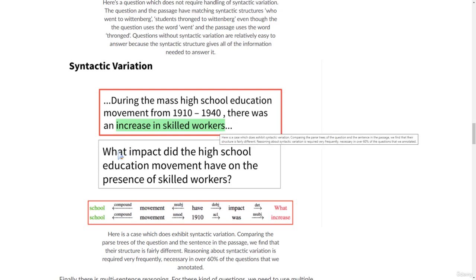The question is, what impact did the high school education movement have on the presence of skilled workers? This type of example is more difficult to predict correctly, since there's a difference in structure between the context and the question.